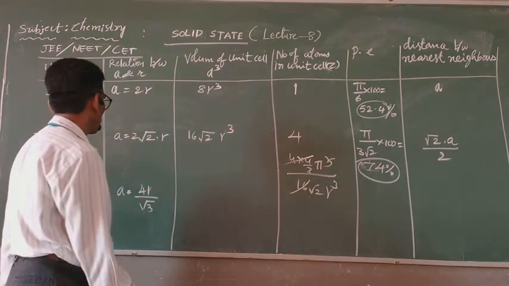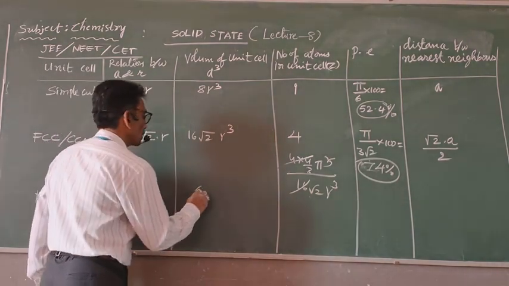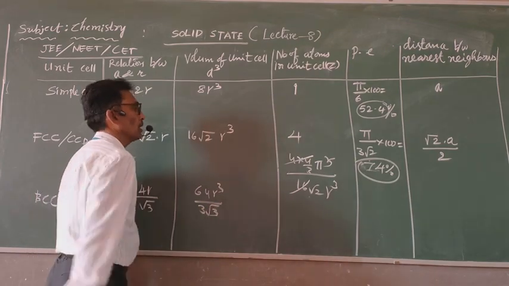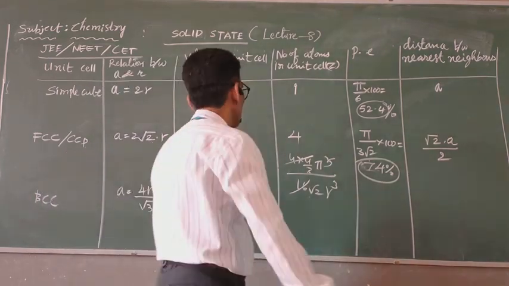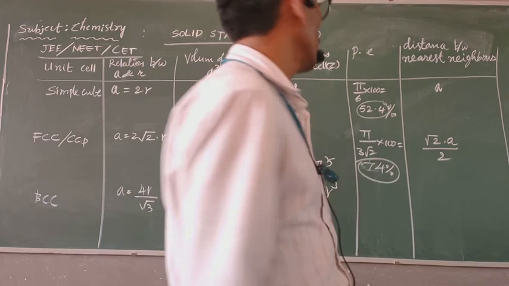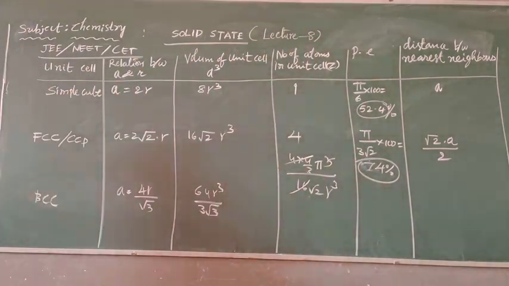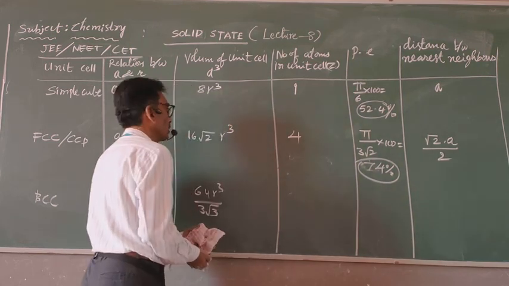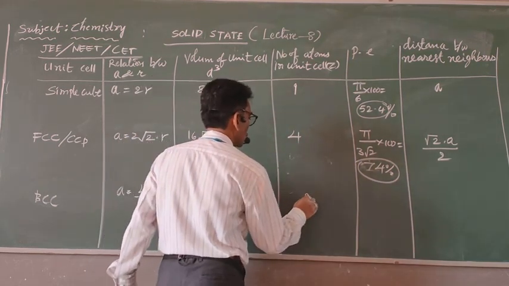Volume becomes 64r cube by 3 root 3. As after simplification, what is resulted? As I have poor memory, I would like to substitute here and simplify and get the answer. The number of particles is 2.